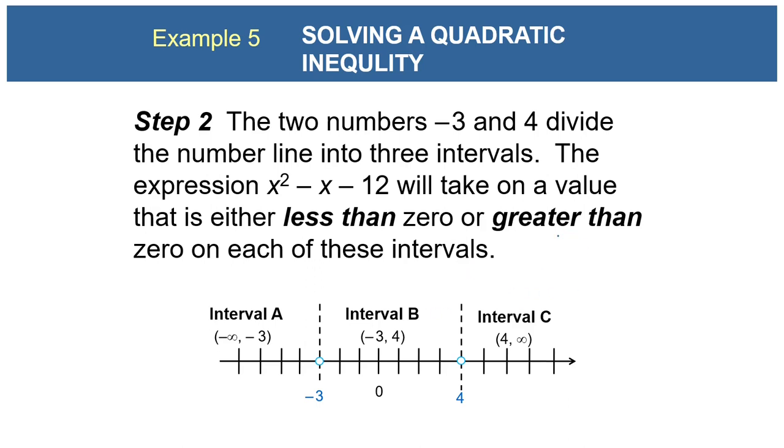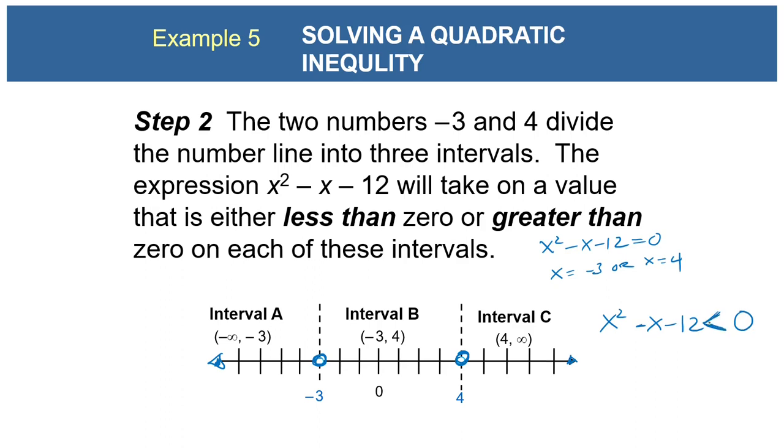So now let's review. Remember, we solved for x squared minus x minus 12 is equal to 0, and we said x could be equal to negative 3 or x could be equal to 4. And when we look at our number line, we're going to put open circles at negative 3 and 4. Now, why is it open circles? Because we're trying to figure out when x squared minus x minus 12 is less than 0.